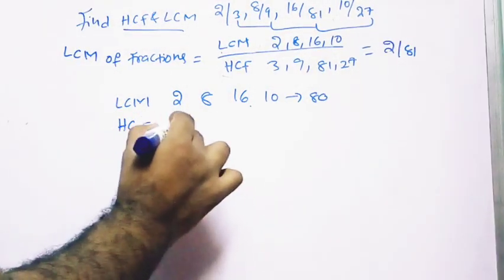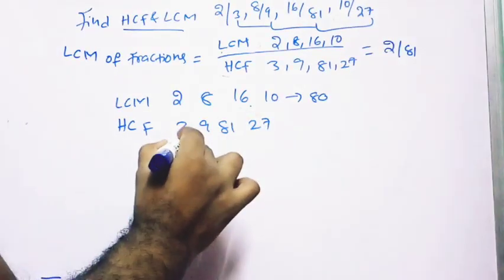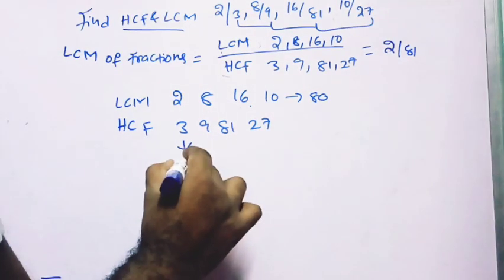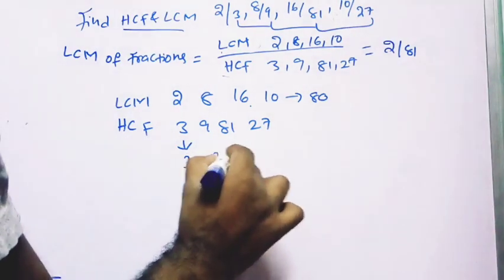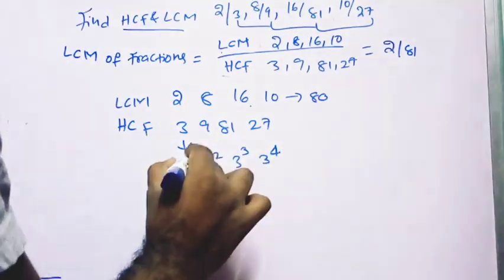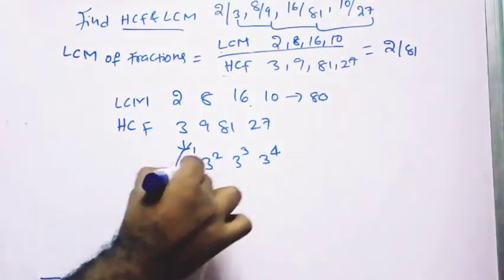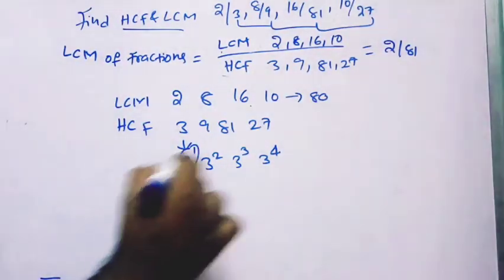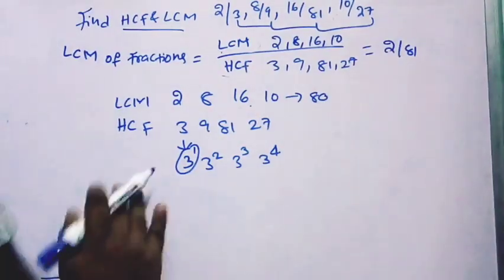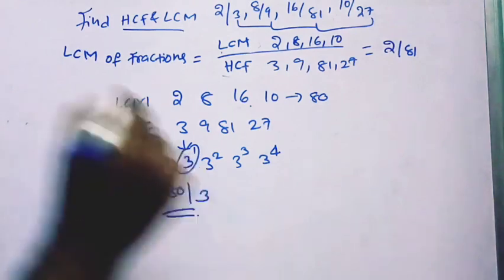Similarly, the HCF of 3, 9, 81 and 27. We can write these in terms of powers: 3 power 1, 3 power 2, 3 power 3 and 3 power 4. So the HCF is nothing but the least power, that is 3, right? So the HCF is 3. So now it is 80 divided by 3.